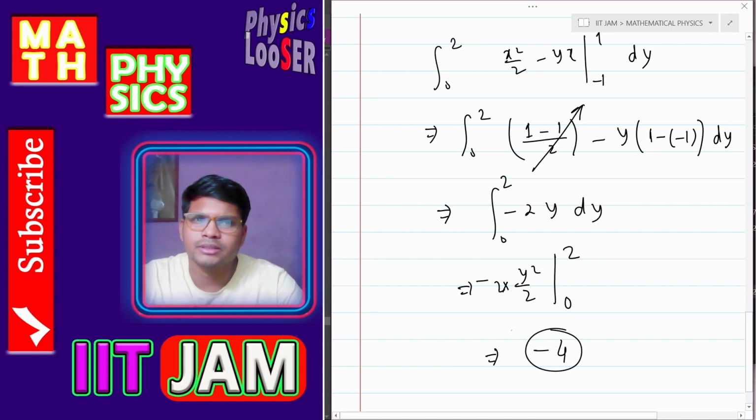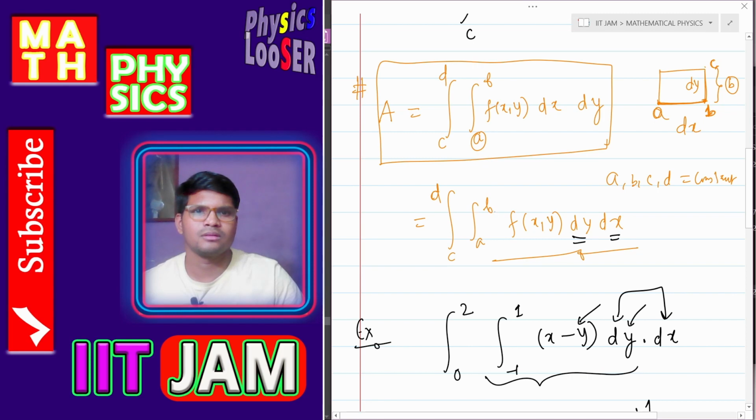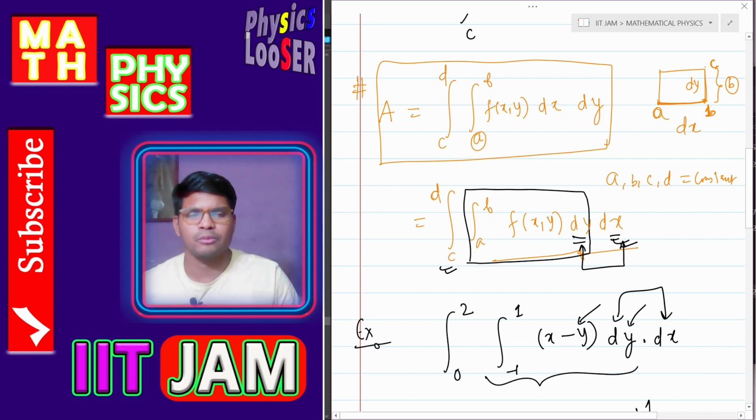But why is that? This integral is carrying this one, and this integral is carrying this one. So when you are exchanging the position, then you have to see where your limit is. You have to replace this thing.